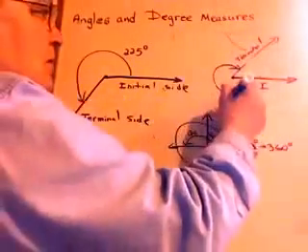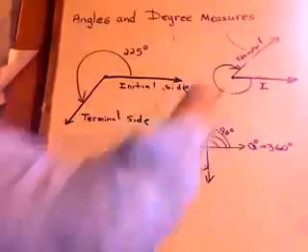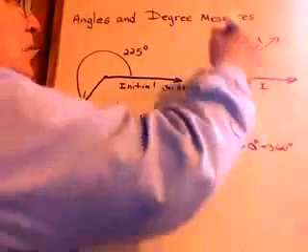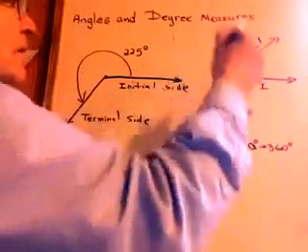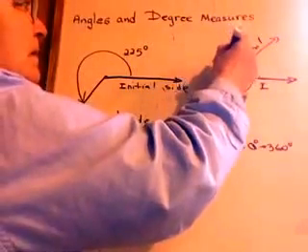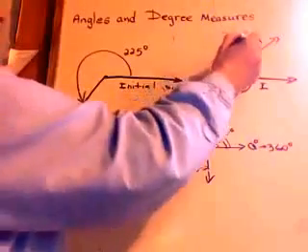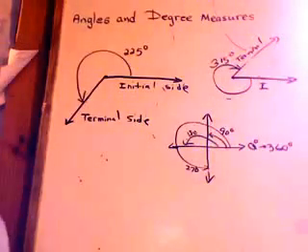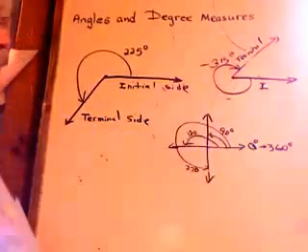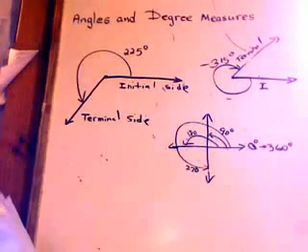This is called negative. And if I go all the way around, except for the last 45, what do you think it is? 315? And because I went in the negative direction, it's negative 315, okay?